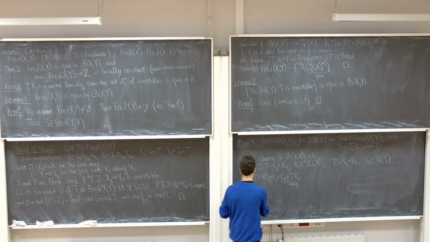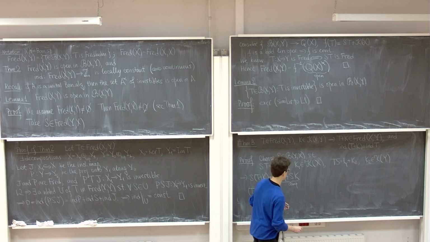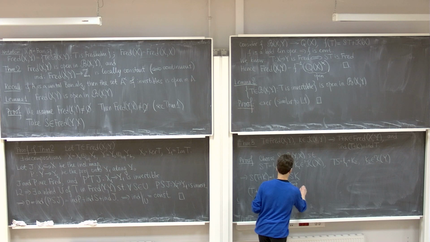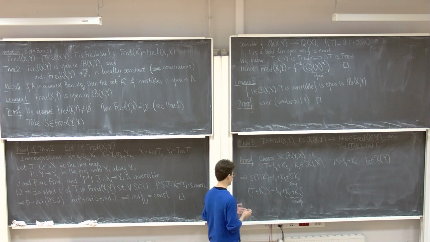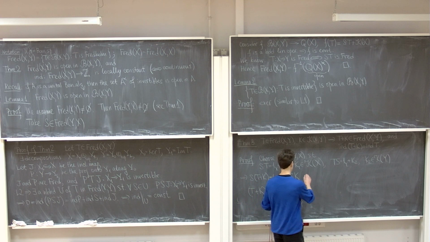And similarly, T plus K multiplied by S is TS, that is 1 plus K2 plus KS. And again, this operator is compact for the same reason. So we see that the same operator S is an essential inverse for T plus K.